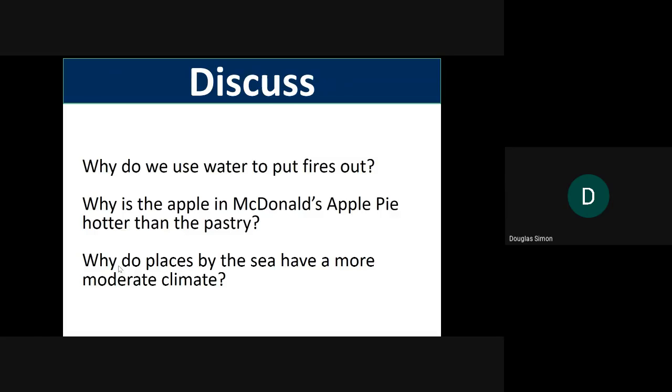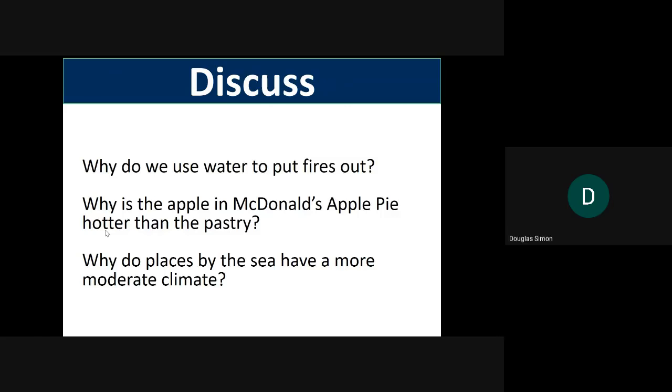Why is the apple in McDonald's apple pie hotter than the pastry? Well, of course, apple has a very high water content, which means it stores a lot of energy, far more than the pastry, which has a much lower heat capacity. Now, of course, this question isn't that well worded. Hotter is not a very sensible word to put here because they will be at the same temperature.